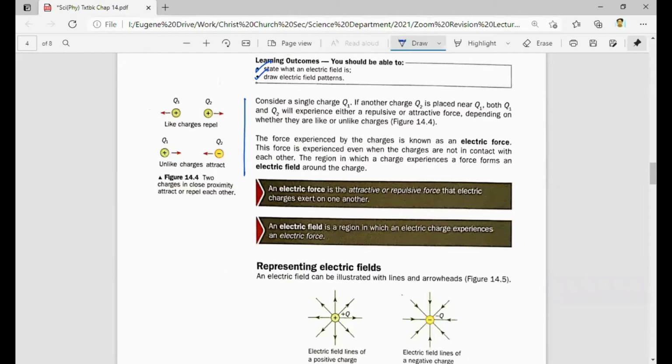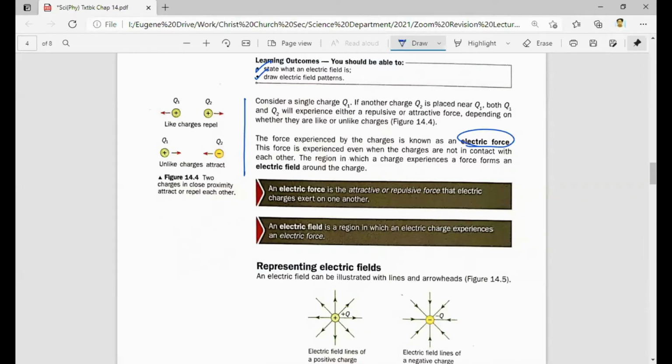Consider a single charge Q1. If another charge Q2 is placed near Q1, if both are positive charges, they repel. If one is positive and one is negative, they are going to attract. This force of repulsion and this force of attraction, we call them electric force.